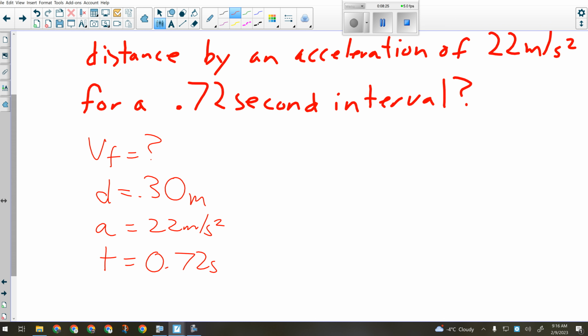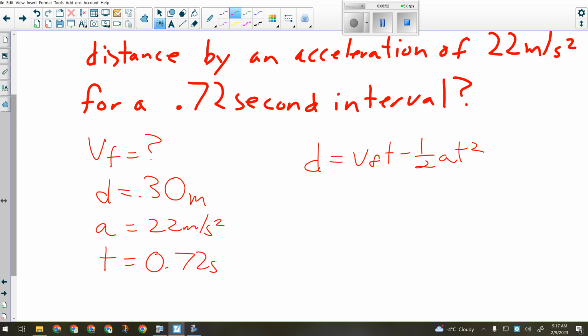Exactly. Okay, this is the only formula that I can use in one step. Thank you, Mr. Dickey, to solve that problem. Okay, it's got all the things that I was given and the thing I'm looking for. All right, so I need to manipulate for VF. So, what do I move first? 1/2 AT.